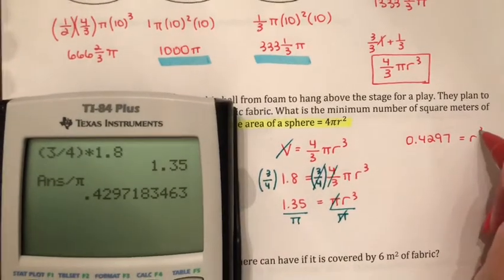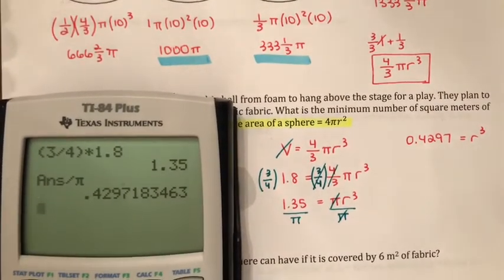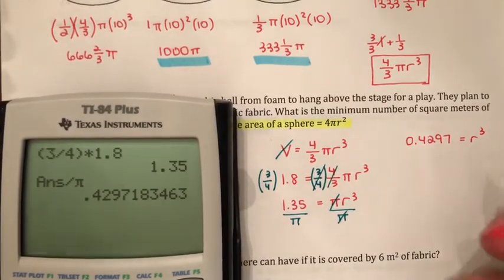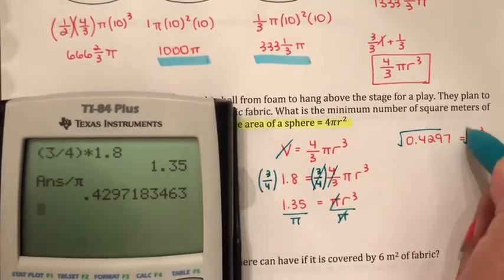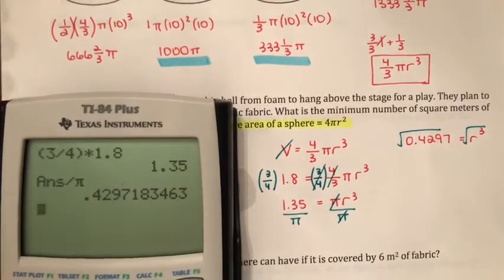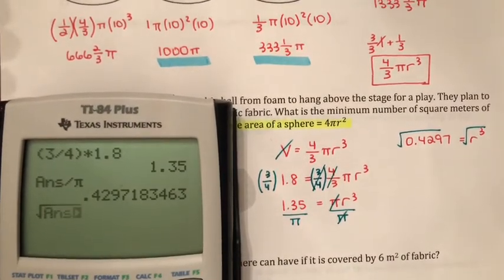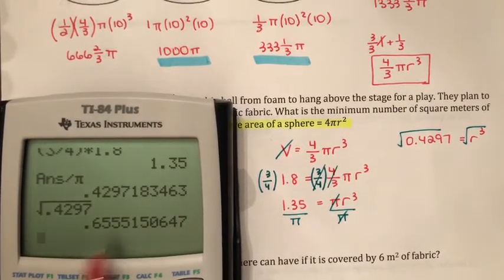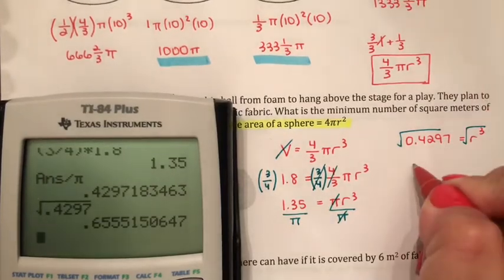Oh, sorry, that's my radius cubed. In order to find the radius, I now need to take a cube root. So the cube root of the previous answer, or you can type in 0.4297, gives me 0.6555.